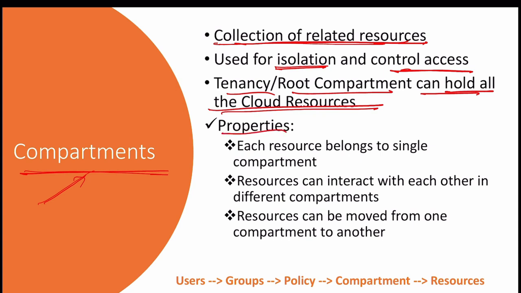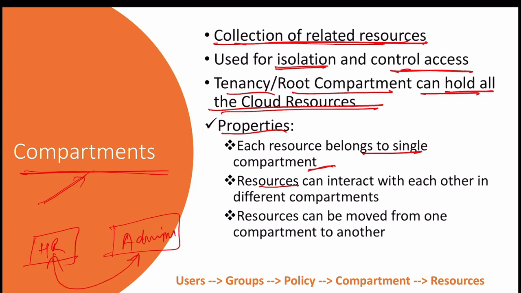Property: each resource belongs to a single compartment only. One resource can belong to only a single compartment. Resources can interact with each other across different compartments. Suppose you have the resources for the HR department here and other resources for the admin department here, the resources between these two compartments can interact with each other, and also we can move the resources from one compartment to another compartment.